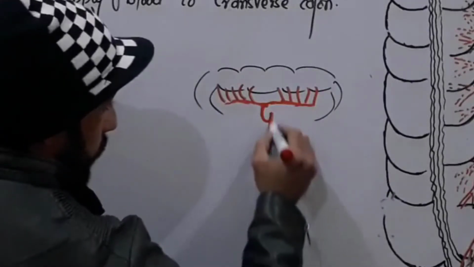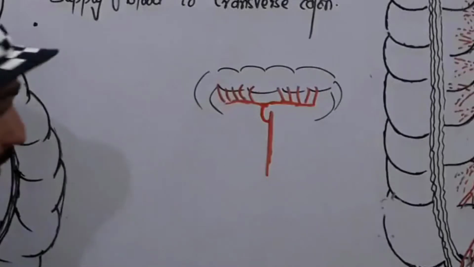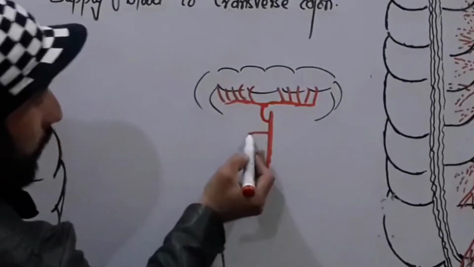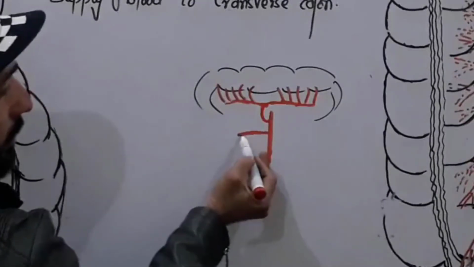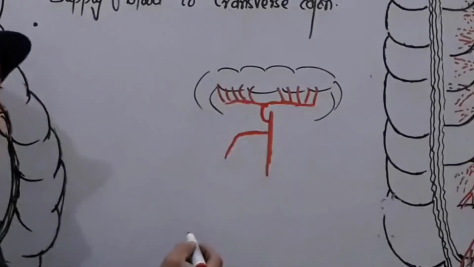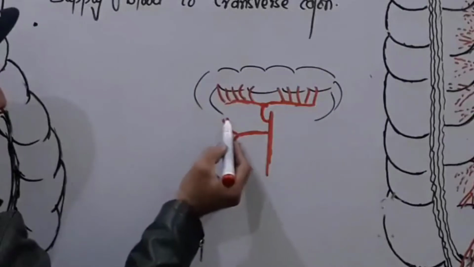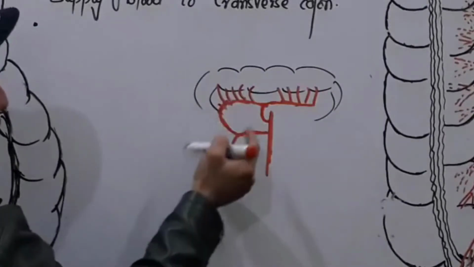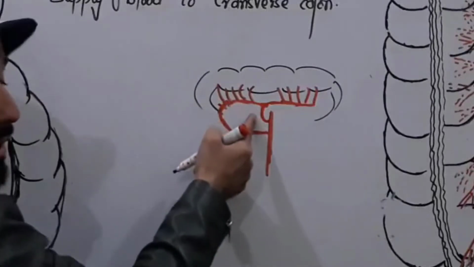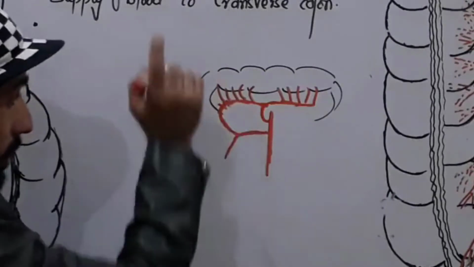This is our superior mesenteric artery, right? From it there was this right colic artery. This right colic artery was giving branches, the descending branch and the ascending branch. This ascending branch goes and makes anastomosis with the right branch of the middle colic artery, like this.